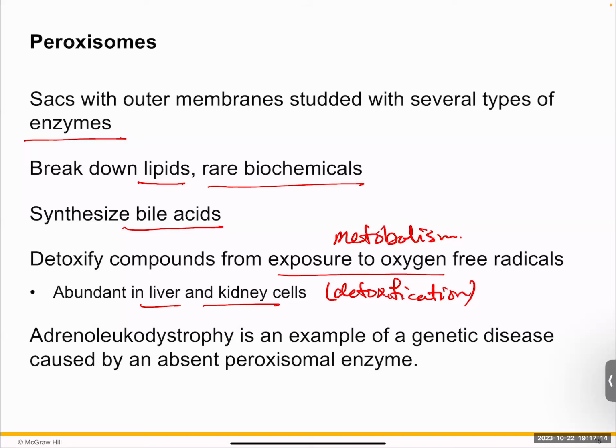There is a condition called adrenoleukodystrophy, which is again a genetic disease where one of the peroxisome enzymes is absent.